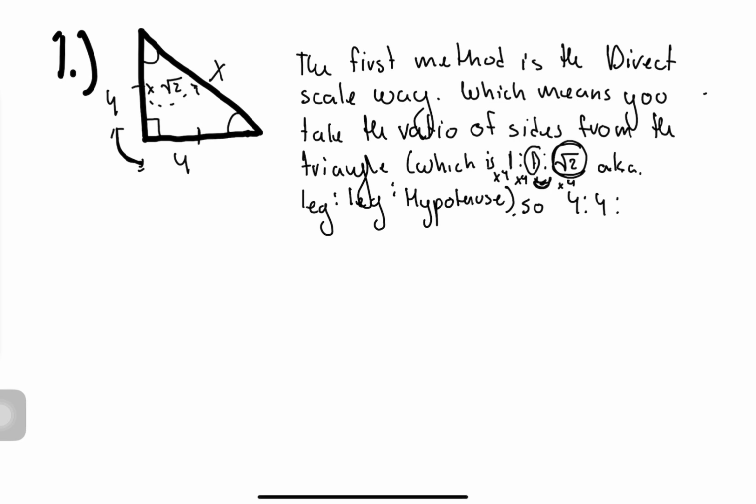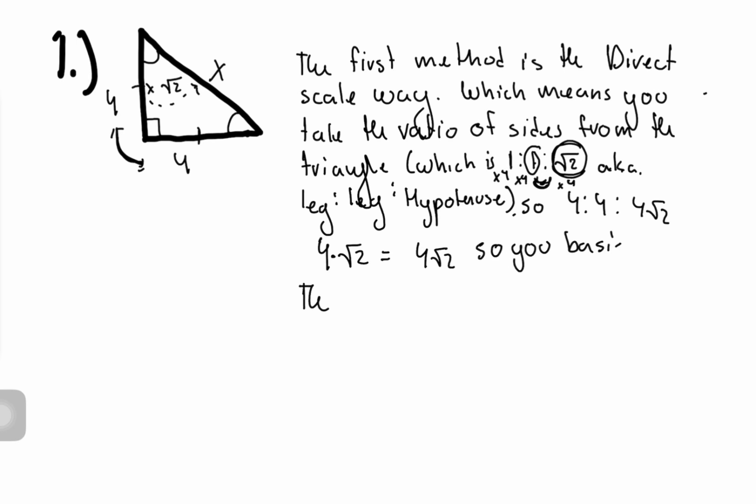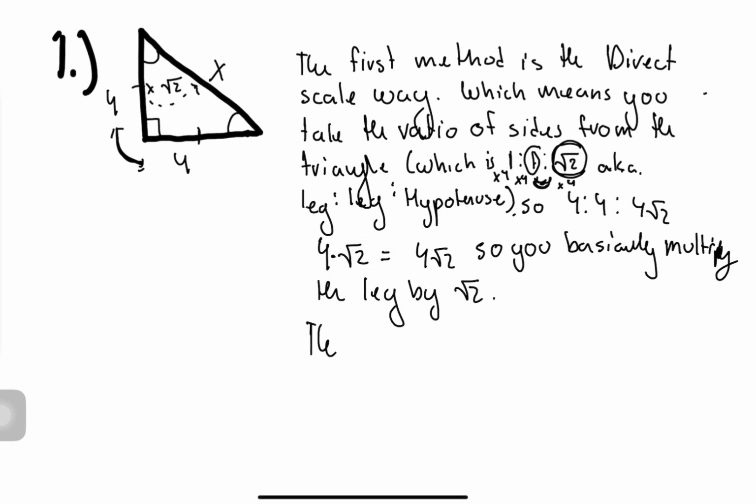So since we multiplied the ratio by 4, we also multiply the root of 2 by 4. So 1 root 2 multiplied by 4 is 4 root 2. So you basically multiply the legs by root of 2.